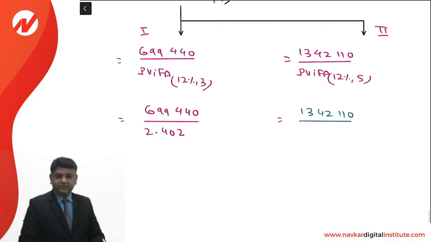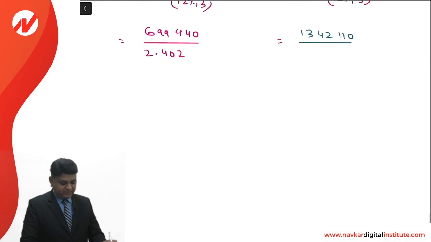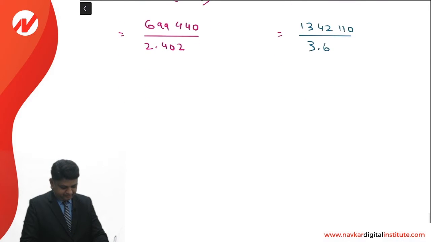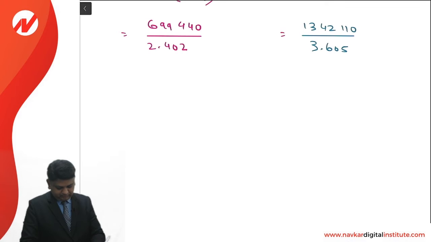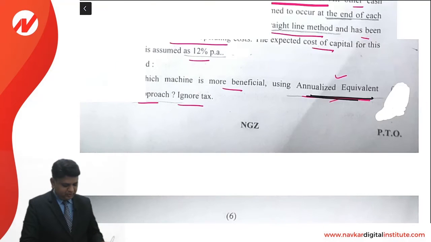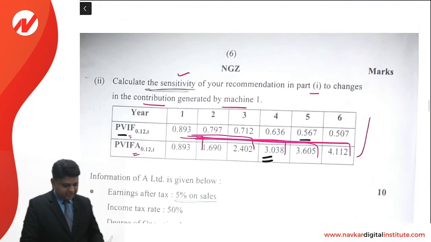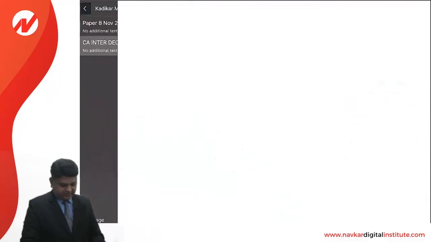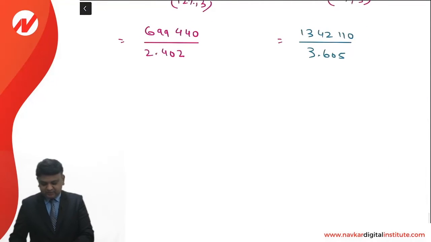So 12% for 5 years, annuity factor is 3.605. So here is, friends, 3 years factor 2.402 and this is the 5 years factor 3.605. Based on that, we'll compute the answer.